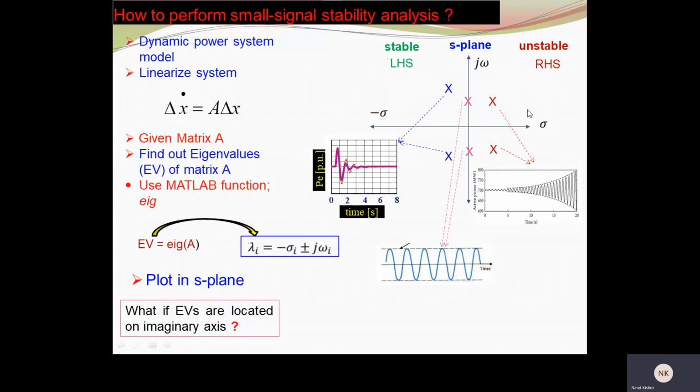Now for these two situations where we have exponentially increasing amplitude or sustained oscillations, the question should arise: is it possible to stabilize the response of the system for these two situations? That means, can we have some way of compensation or controller design such that these eigenvalues are shifted to the left-hand side, and we are able to achieve a stable response, which is shown over here.